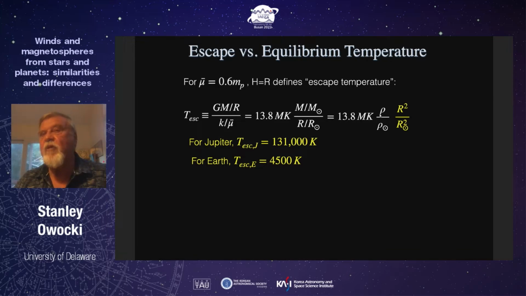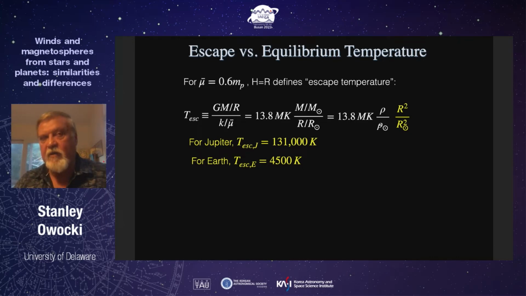You normalize that to the 13 million Kelvin of the sun, and you can recast it in terms of the density ratio times the radius. Since planets are much smaller than the sun, this lowers the temperature by a lot, but still, Jupiter is about 1/10 the radius and has very similar density, about 1.4 grams per cubic centimeter, that's the solar density.